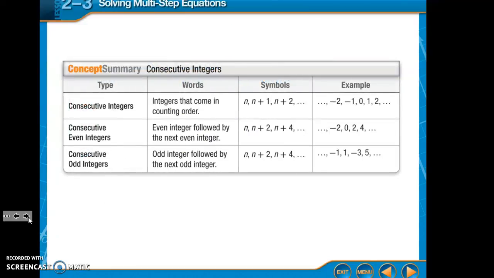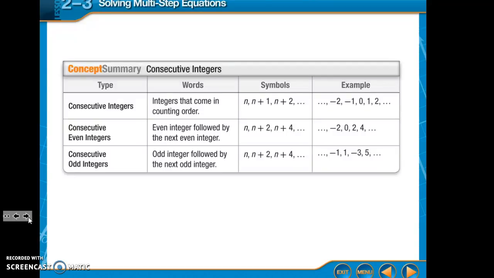All right, so consecutive integers, and we talked about this at the beginning of the period. Consecutive integers are ones that are back to back. So consecutive integers are 1, 2, 3, 4. So they have it in symbols as a number, and then that number plus 1, that number plus 2, which would be consecutive integers. And then even integer, what's special about an even integer?